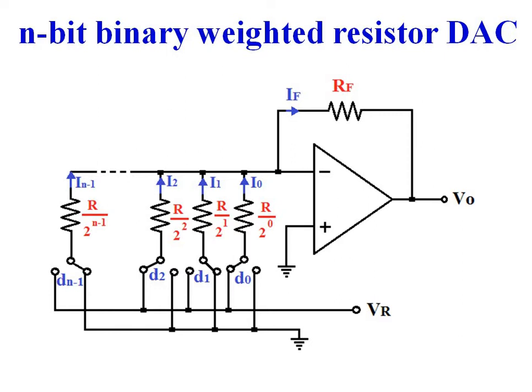Whenever a digital input is equal to 0, SPDT switches shown in the diagram will connect that particular input to ground, and whenever an input is equal to 1, reference voltage VR is connected to that particular input.